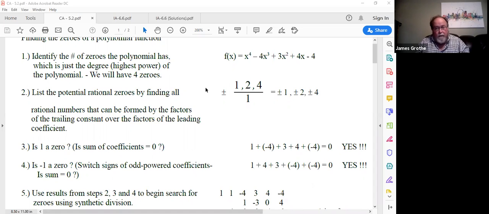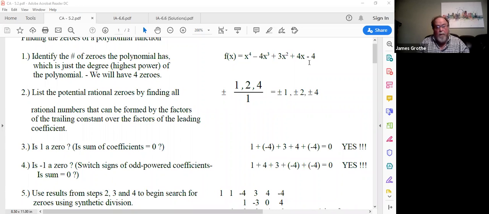Now, while we're discussing the coefficients of this polynomial, you might recall there is Descartes' rule of signs, whereby we count the sign changes in the coefficients. And that'll help us determine how many positive and negative zeros the polynomial has. In this case, you'll notice that in the polynomial, we have one sign change from 1 to -4, a second sign change from -4 to +3, +3 to +4, that's not a sign change.